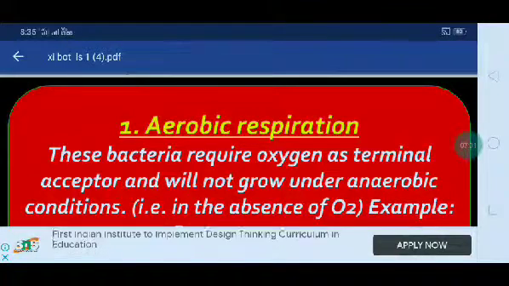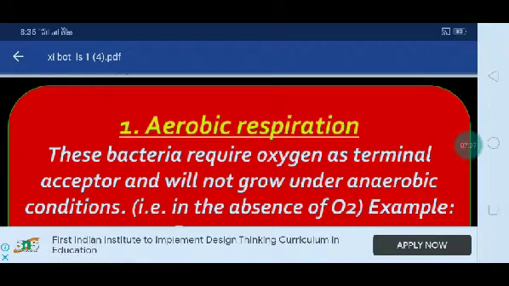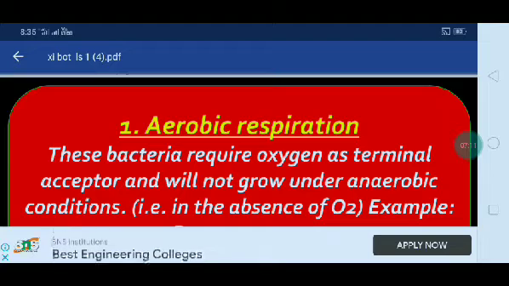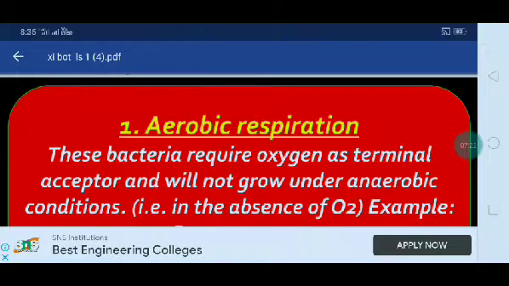What do you mean by aerobic respiration? These bacteria require oxygen as a terminal acceptor and will not grow under anaerobic conditions. In the absence of oxygen, they will not grow.